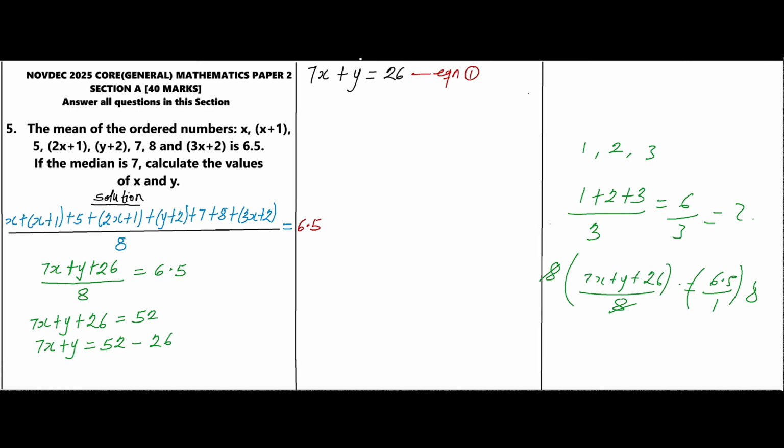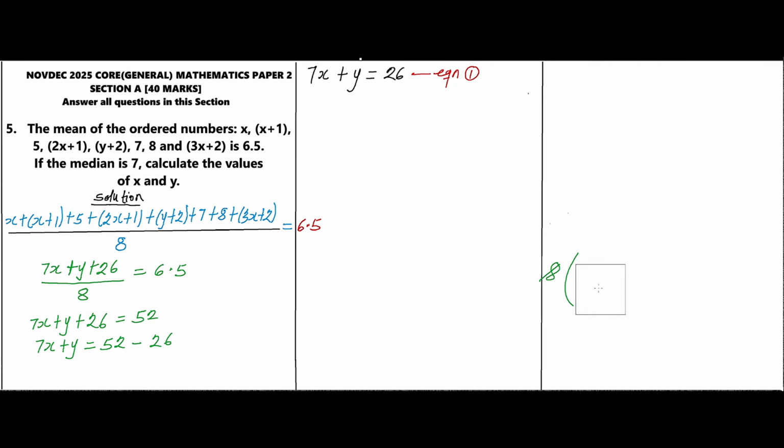Now let's also focus on the median. So again, if I ask you to find the median of these given numbers, 2, 3, 1, how will you calculate the median?